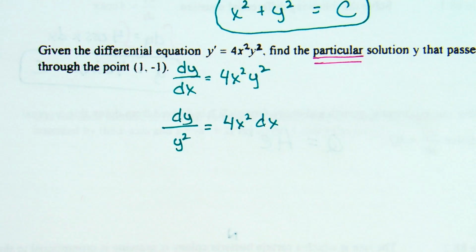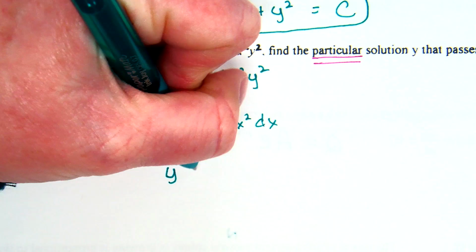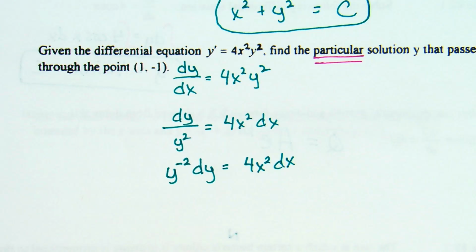Now, what do you know about dy over y squared? So this is y to the negative second, dy equals 4x squared dx. And now you're in a better form to what? Integrate.